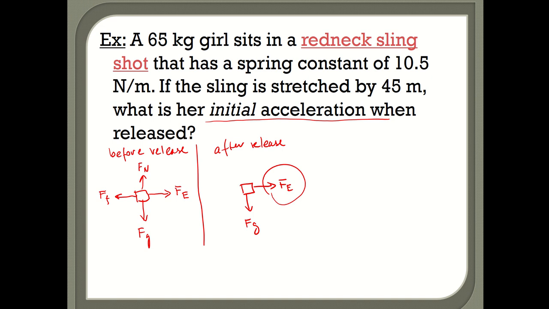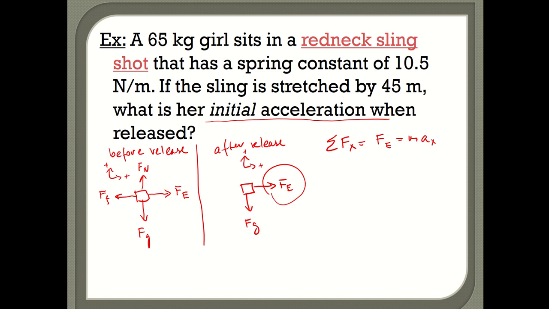So in the x direction, our F-net equation is just going to be the Fe. So if we made this positive, it's going to be positive, and this is going to equal m times ax. So again, the only force we care about here is Fe.